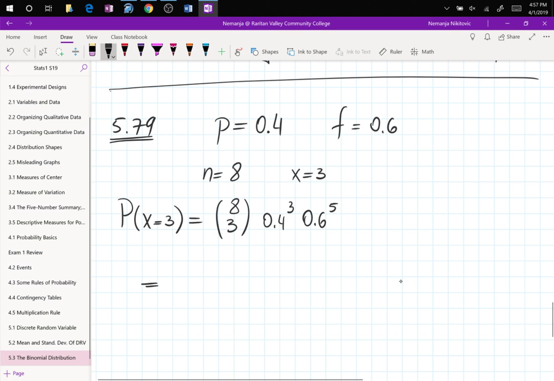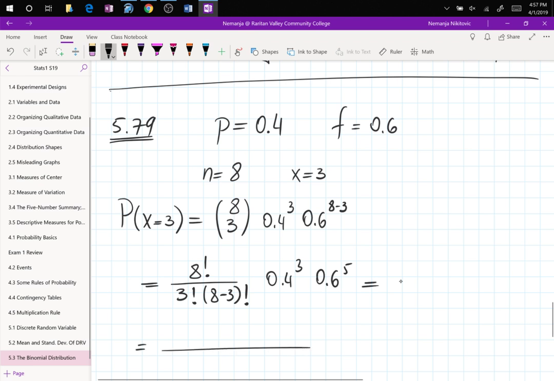So now, this is 8 factorial divided by 3 factorial times (8 minus 3) factorial. I'll do it right this time. And then we have our 0.4 cubed and 0.6. Instead of writing 5, I'm just going to put 8 minus 3 here, and in the next step it's 5.